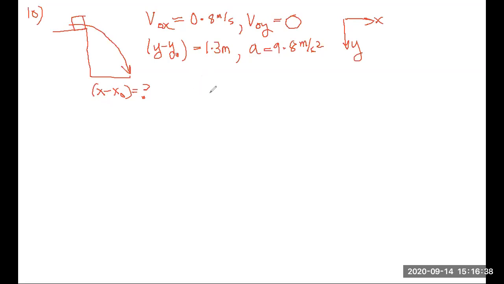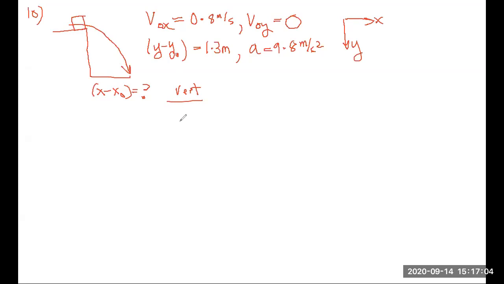Anyway, to solve this, I did it in 2 steps. The first step, I considered the vertical motion. And the second step, I considered the horizontal motion. The vertical motion I used to find the time that it took to get to the floor.